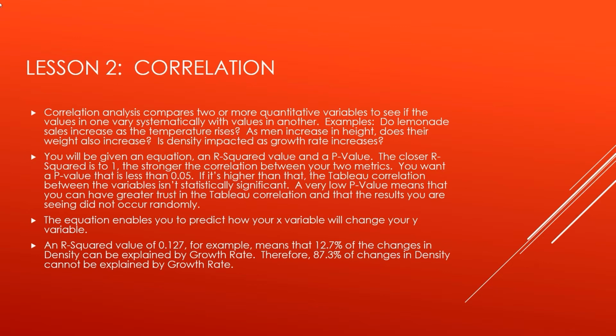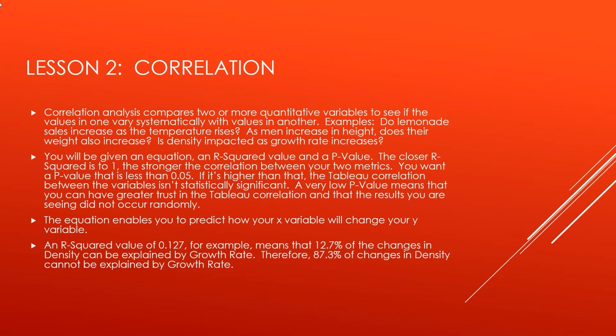You'll be given an equation that has an R squared value and a P value, similar to when we did trend lines. The closer R squared is to 1, the stronger the correlation between your two metrics. You want a P value that is less than 0.05.